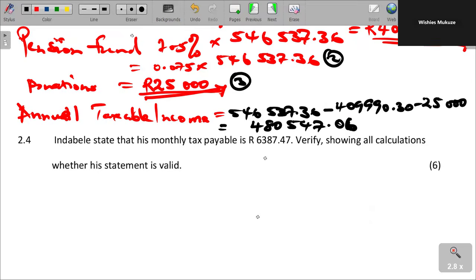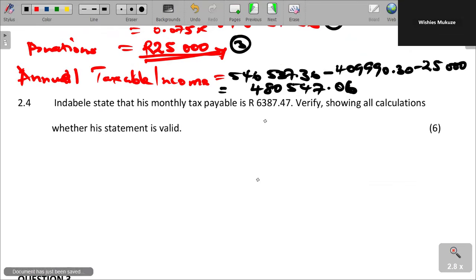And then we are given that in the Bele state his monthly taxable is 6,387. Confirm that the statement is valid.